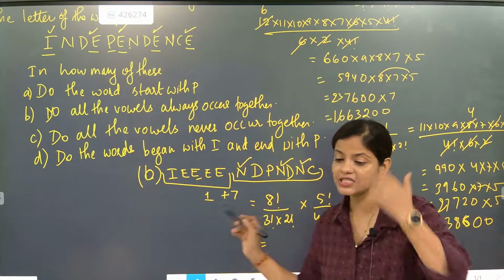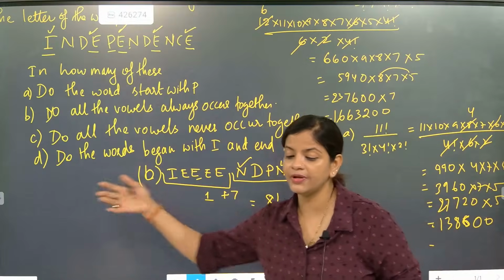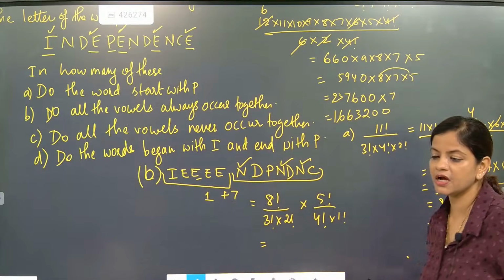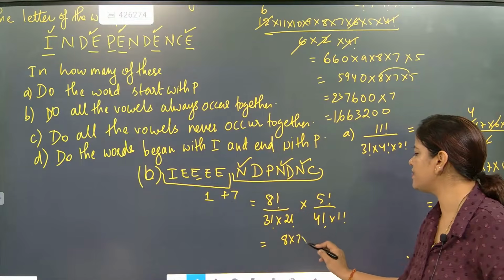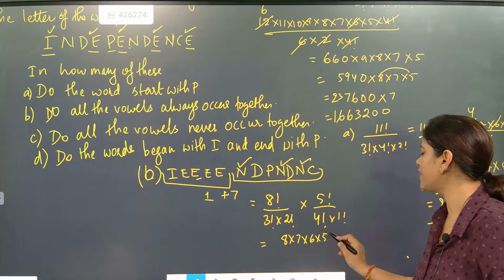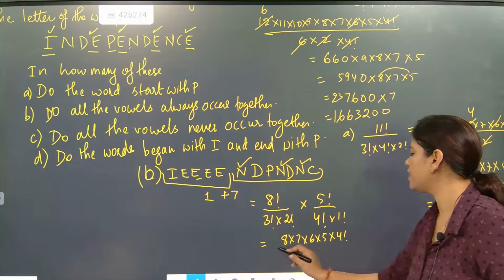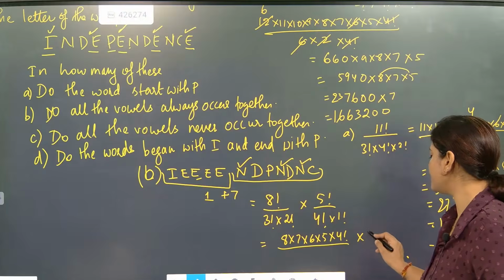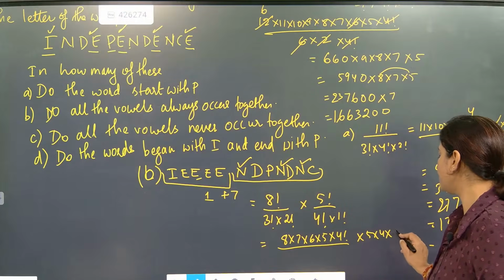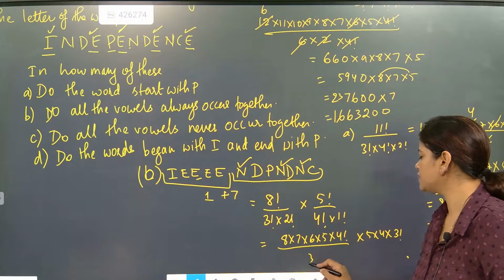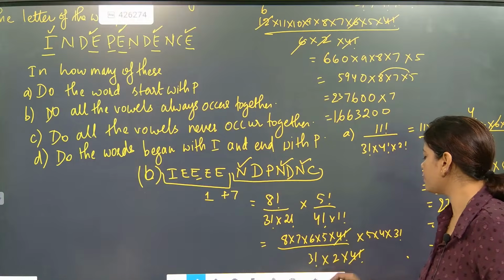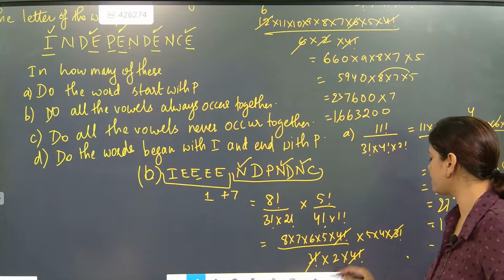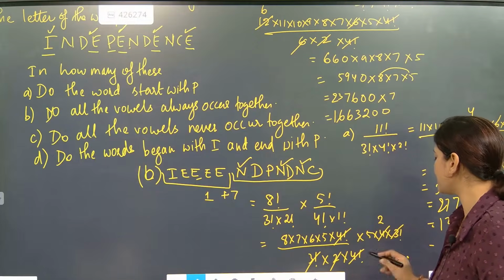This explains when all the vowels come together. This part becomes 8 into 7 into 6 into 5 into 4 factorial, divided by 5 into 4 into 3 factorial, so 3 factorial into 2 into 4 factorial. The 4 factorials and 3 factorials cancel, leaving 2.